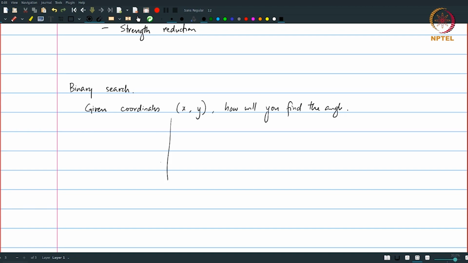In other words, in a 2D system, if I have my coordinate system out here and I have these set of specific coordinates x comma y, this length of this line is called the magnitude, and this angle is what we are interested in finding.